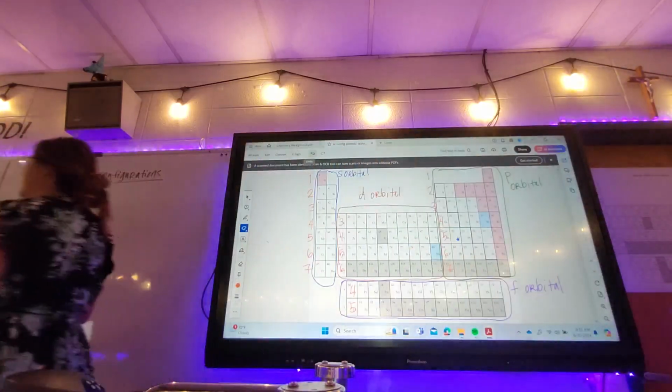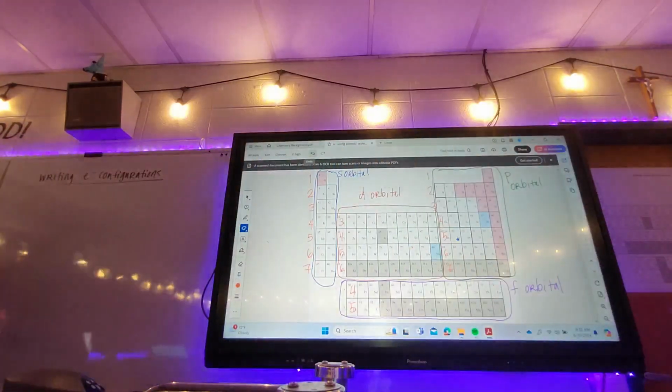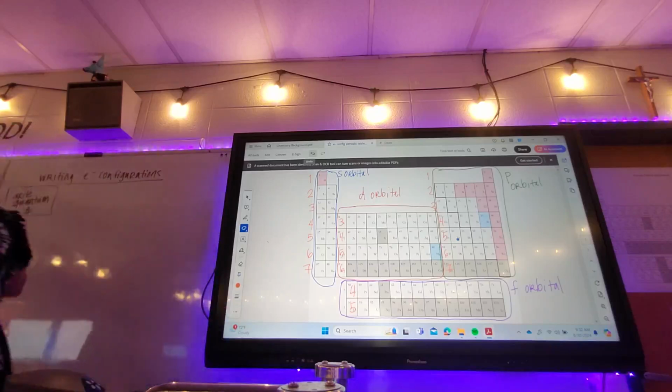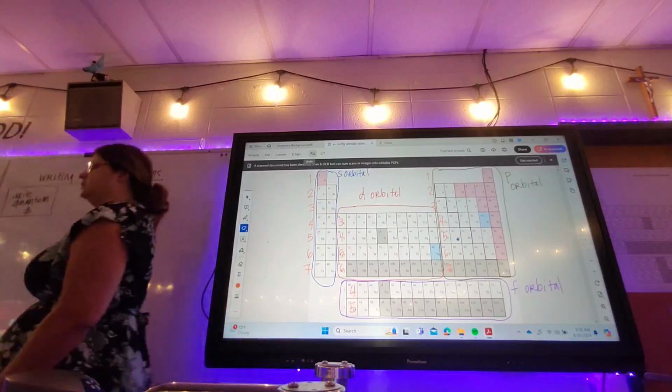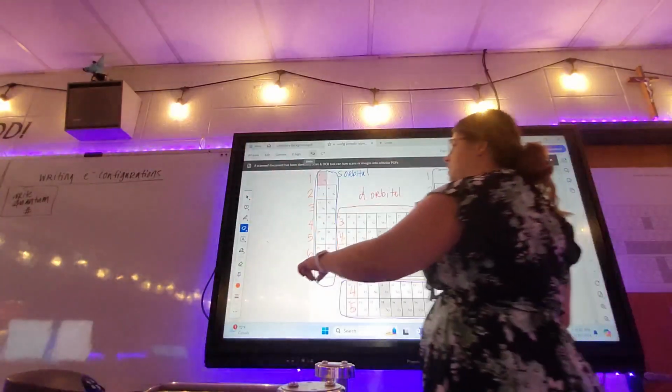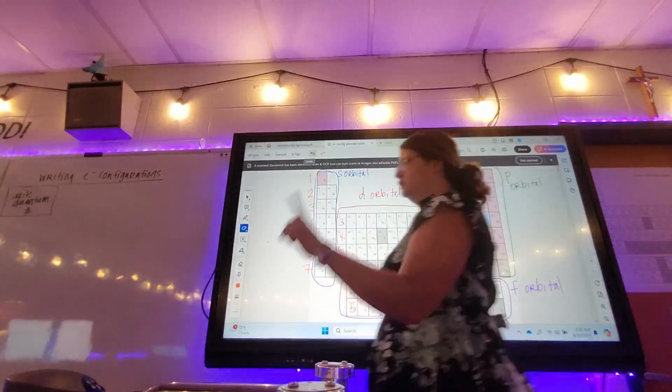Okay, so this is how you write an electron configuration. There are 3 components. The first thing, you need to write your quantum number. And so let's just do hydrogen. He's the first friend. So let's get started with him. Hydrogen is in the first row, so his quantum number would be 1.